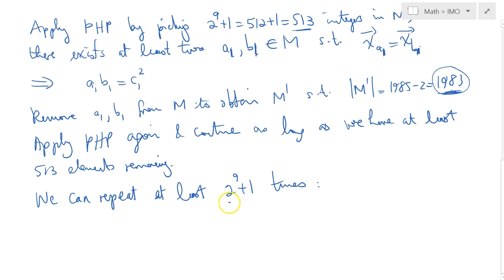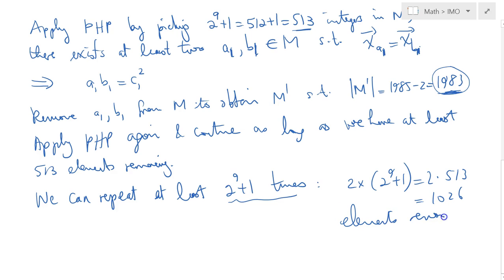If I repeat this scheme 2 to the 9 plus 1 times, each time I will remove two numbers, a sub i and b sub i. As a result, 2 times 2 to the 9 plus 1 elements will be removed, which is 2 times 513, which is 1026 elements removed.